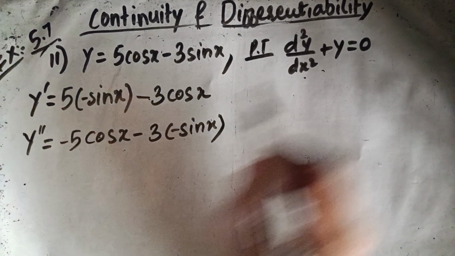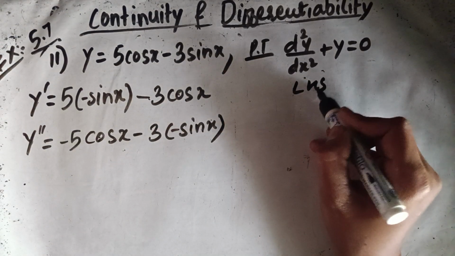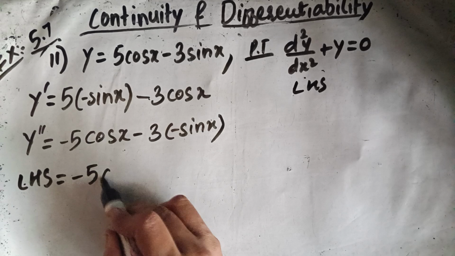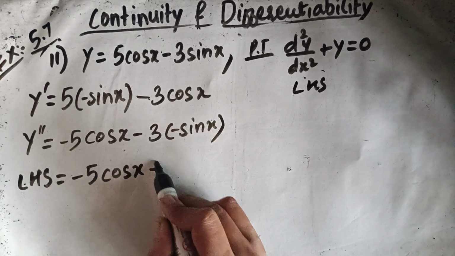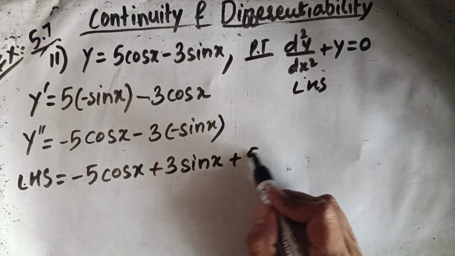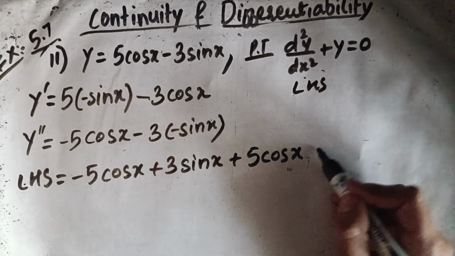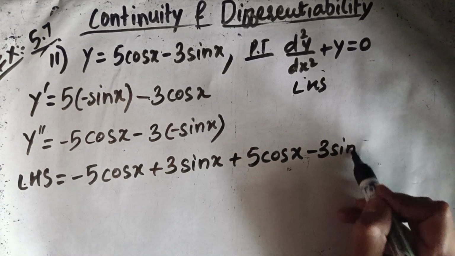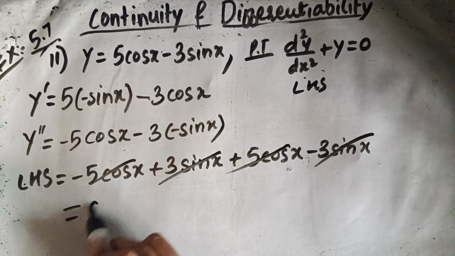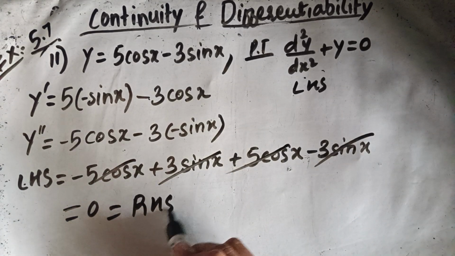So this is your LHS plus y, this is 0, which is RHS.